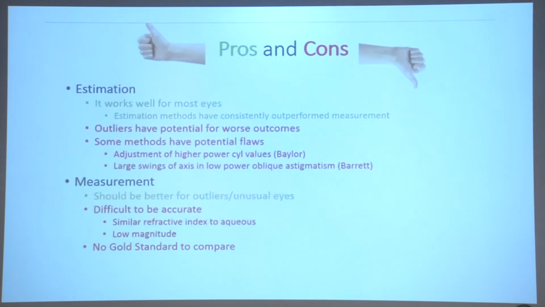It works particularly well when you are measuring the posterior cornea when outliers are there. So you have a very high oblique astigmatism. In such cases, the chances of prediction error are very high. If you are measuring it and applying it, it gives a little bit better results.